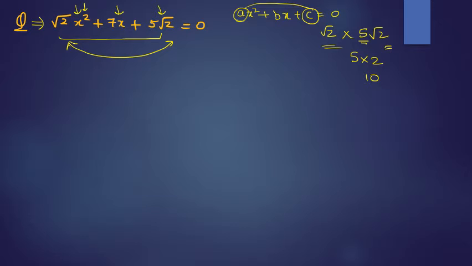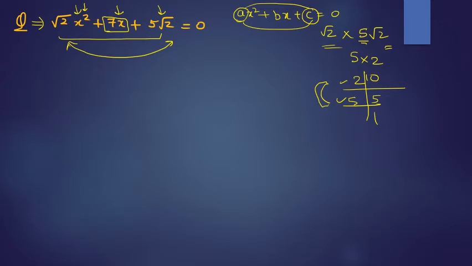In third step, whatever you have got after multiplying a and c, you have to take LCM. 2 5s are 10, 5 is a 5. So 2 and 5 are your factors, correct? You have to arrange them in such a way that you will get the middle term.